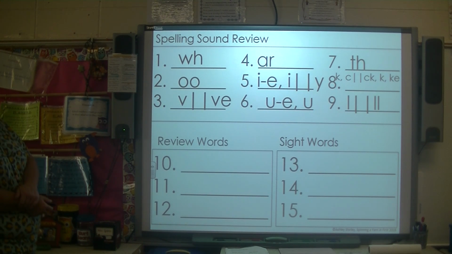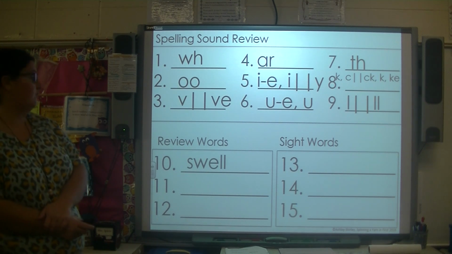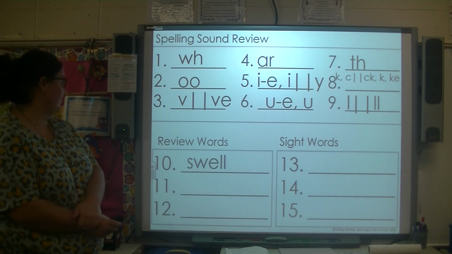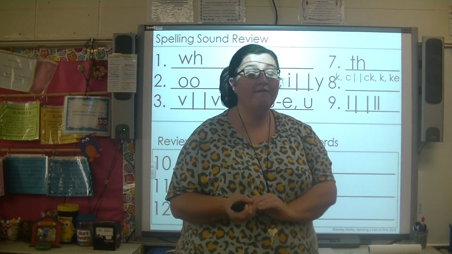Now let's spell it together. S-W-E-L-L. What word? Swell. We've got a short vowel followed by l, so it's twin consonant L's for the floss rule. Swell.